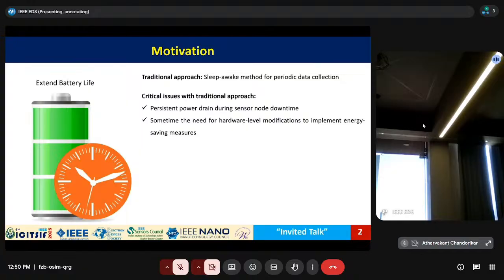Also, sometimes you have to make certain changes in the hardware itself. Even in sleep mode, the development boards continuously consume current, generally in the range of 20 to 30 milliamperes, which is still very large and will drain the battery in about 5 days.